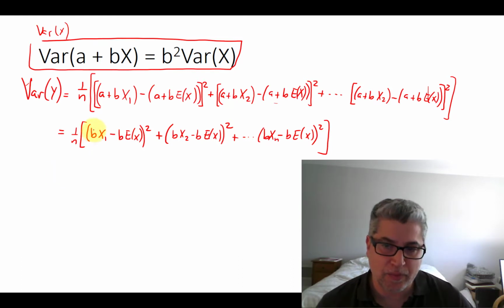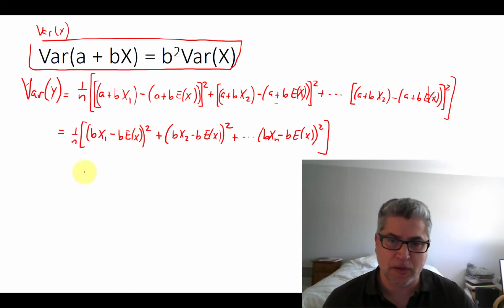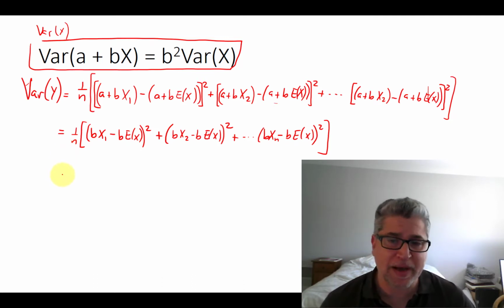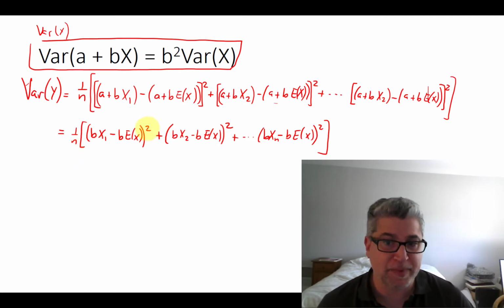Okay, now we notice that b shows up everywhere, but then it becomes squared. So what's that like? Well, we can pull out a b, but we've got to make sure that it gets squared. So we would have this.